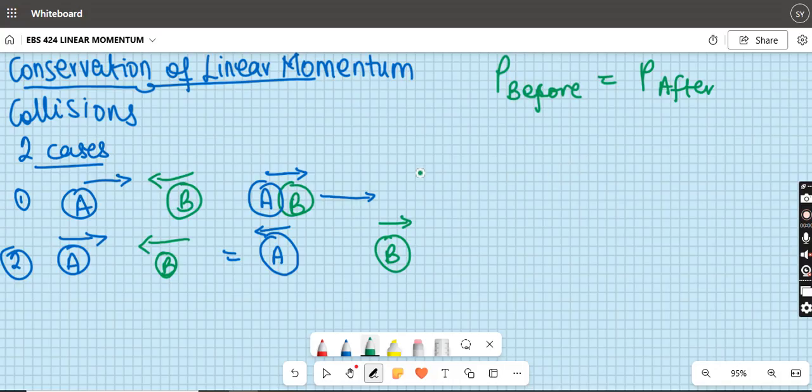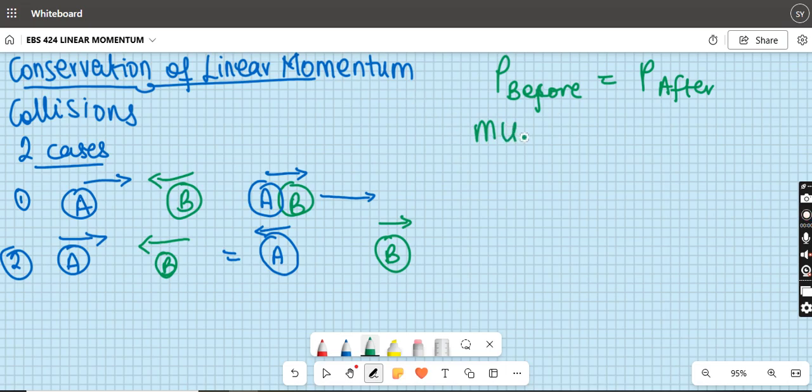Now, before collision, we have the momentum of object A, m1u1. Let's use u because that is the initial velocity.